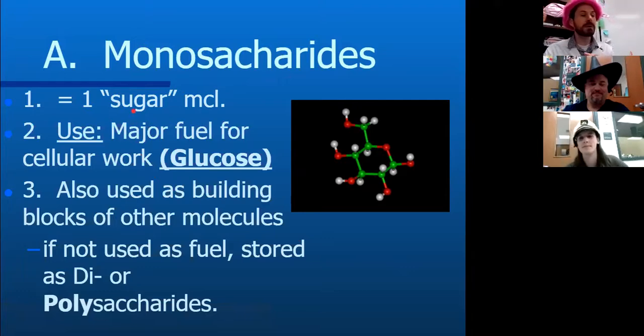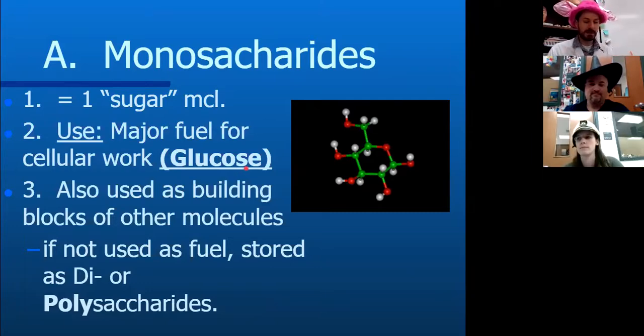The biggest one that we're going to be talking about in this unit, and it's going to pop up again and again in future units, is glucose. Glucose is a hugely important molecule for your cells, my cells, and pretty much all the rest of the cells on planet Earth. So glucose is an example of a monomer, a building block for polysaccharides, which would be multiple monosaccharides put together.